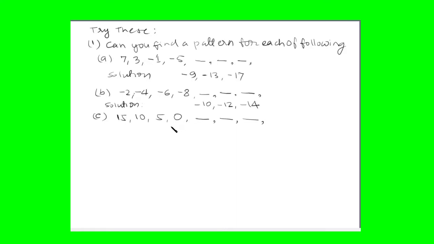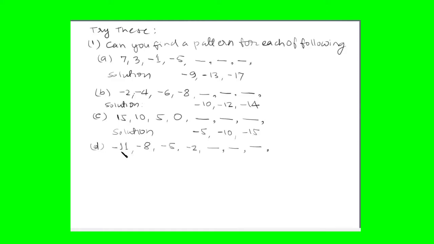So if we subtract 5 from 0, we get the next number. Our solution is: 0 minus 5 is -5, then -5 and -5 is -10, and -10 and -5 is -15. So the next three numbers of the pattern are -5, -10 and -15.